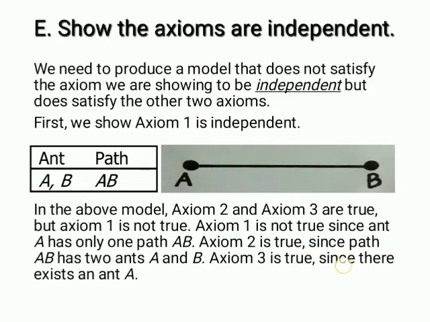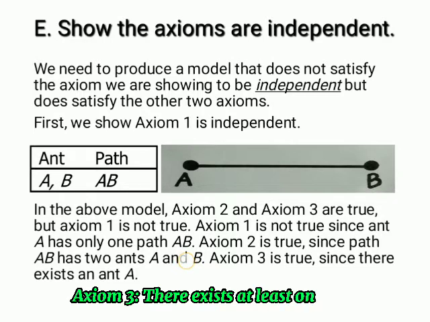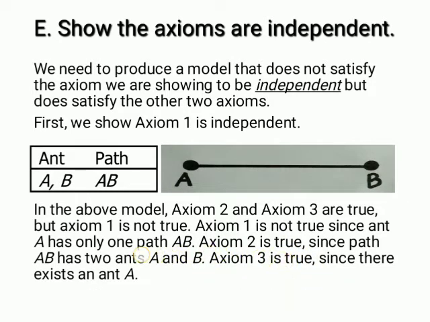So, third, axiom 3 is true since there exists an ant A. So, di ba yung nakasaad kasi sa axiom 3 natin, there exists at least one ant. So, dito sa model natin, di ba, makakakita naman tayo ng at least one ant. Either ant A or ant B. So, nasatisfy din natin yung axiom 3. So, here in this model, axiom 1 is independent. Kasi siya lang yung axiom na false or hindi na-satisfy.